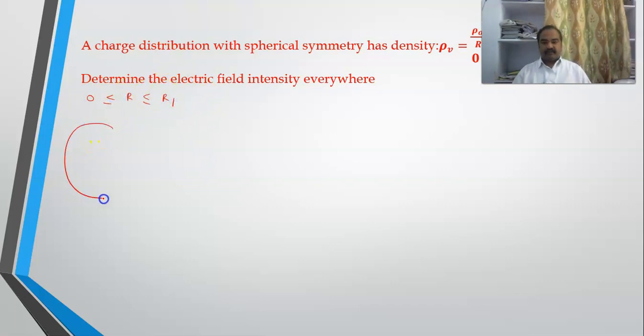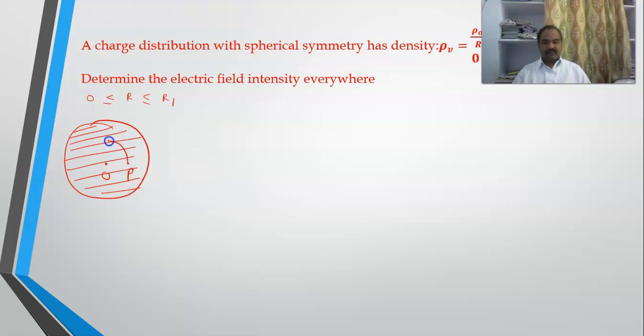See, this is the sphere. This is the center O, and this is the uniform charge. I am considering a point P here. What is the charge enclosed at this point P?